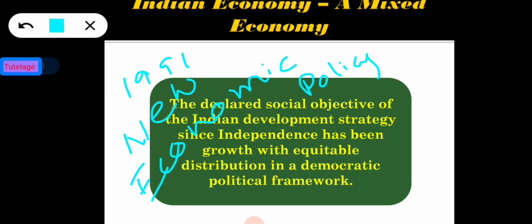All are important, but globalization is one of the most important policy measures in the new economic policy. So liberalization, privatization and globalization. Today we will discuss only the concept of liberalization, and we have already told that.